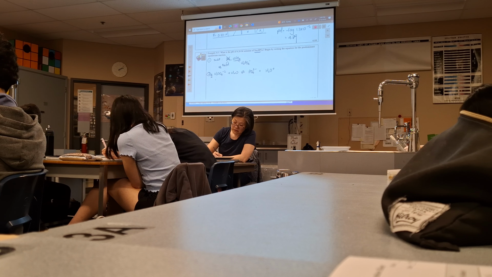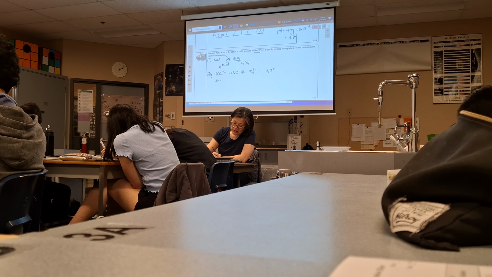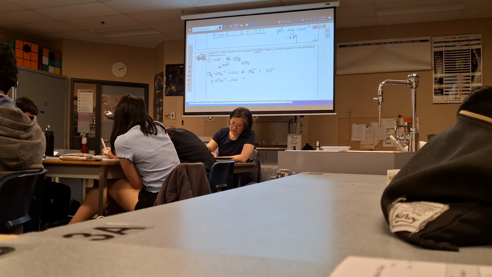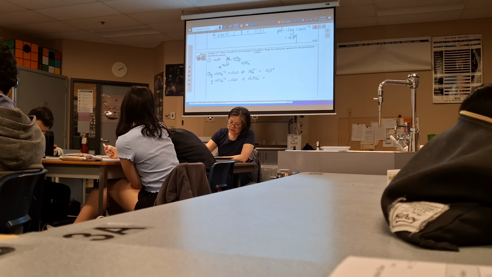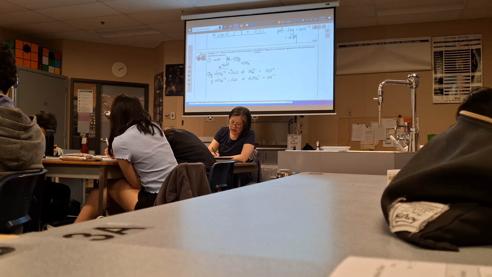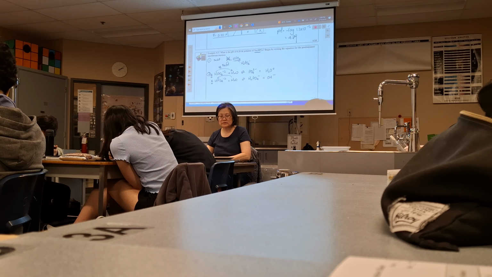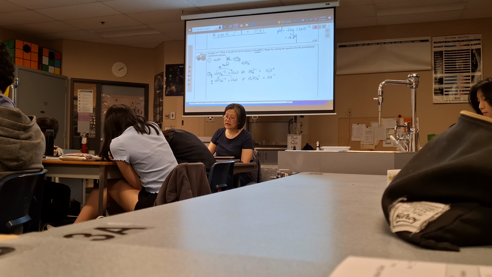Or the HPO4 2 minus can behave like a base, so B. In this case, it now becomes H2PO4 minus plus OH minus. So on the one hand, it could donate a hydrogen ion. On the other hand, it could take one. So the question is, which one is the preferred reaction?